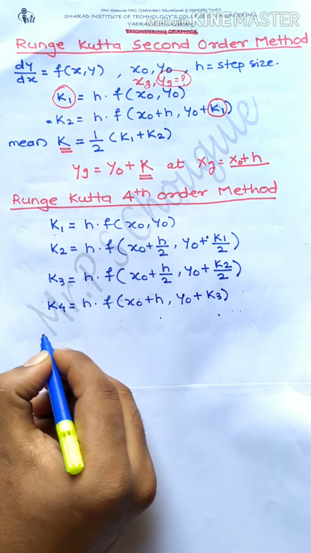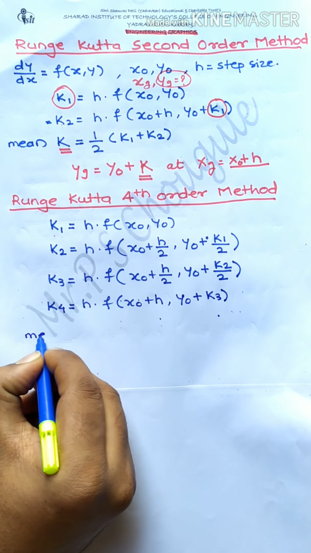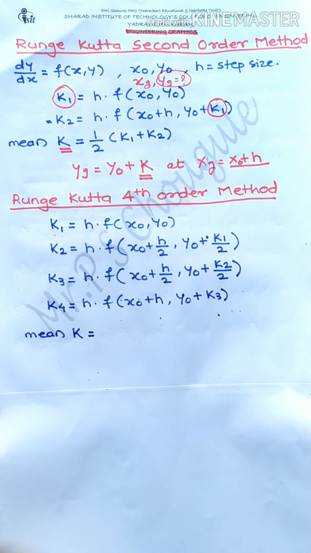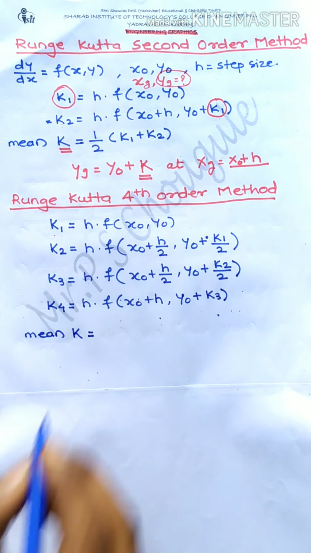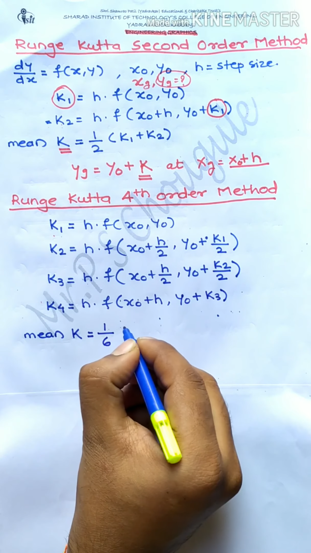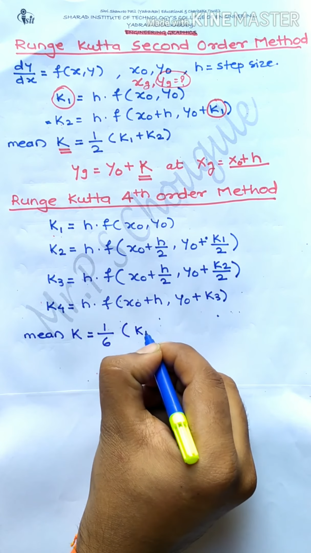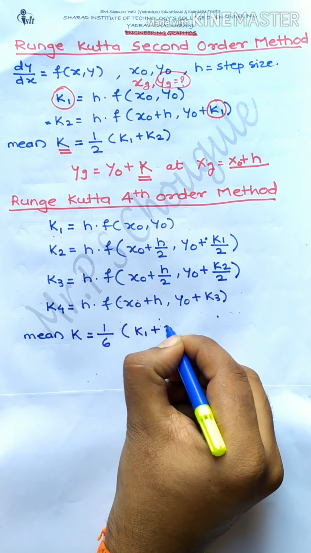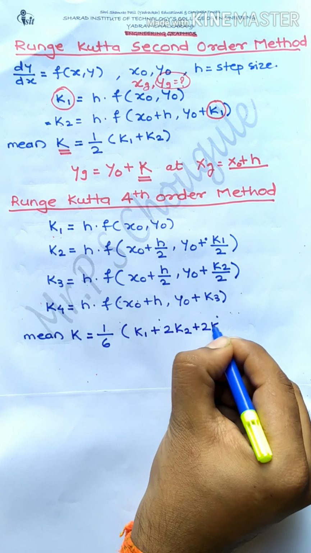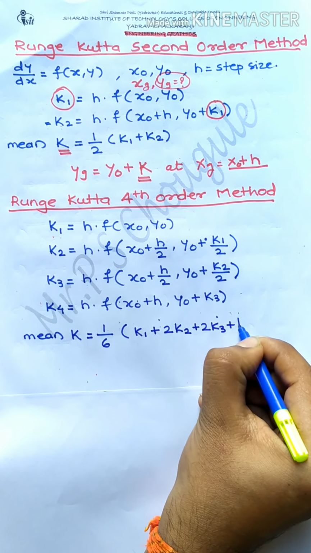After that, we need to find the mean weight, I will call it k, mean k, which is equal to 1 upon 6 into bracket k1 plus 2k2 plus 2k3 plus k4.